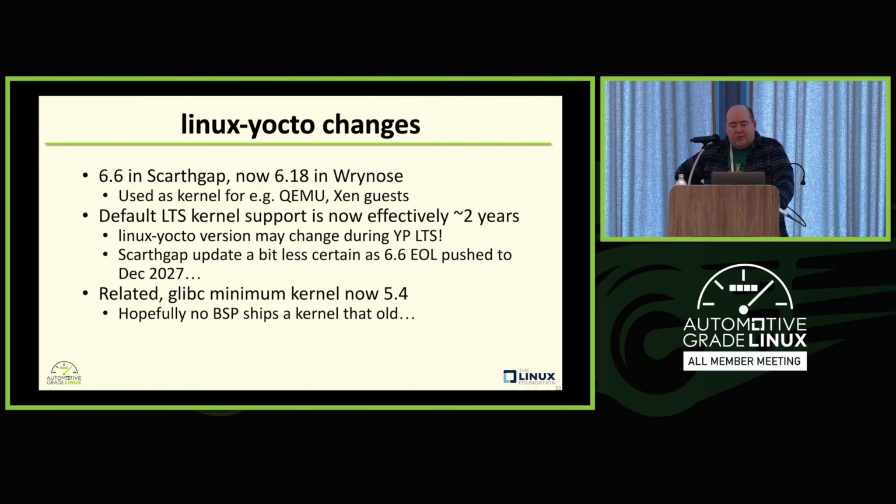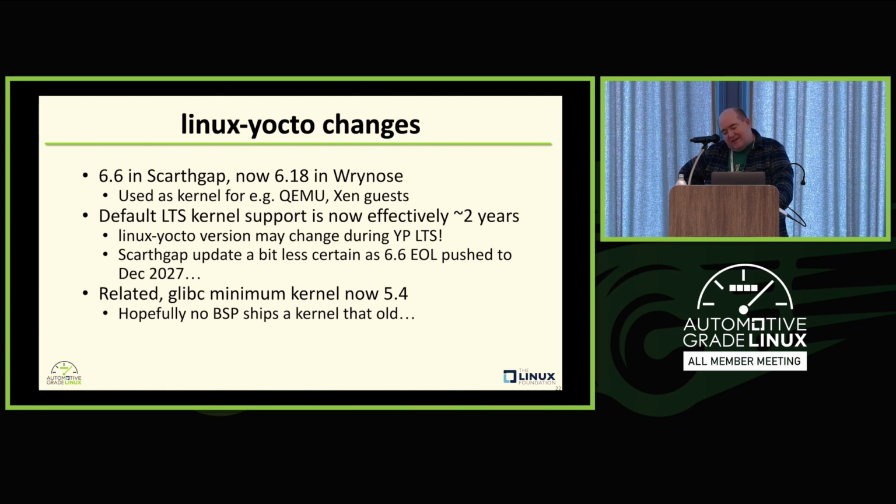And so now that the LTS kernel upstream, the default, when they do a release, they say it's 2 years. That's sort of become a little less set in stone. And so there is a chance that the linux-yocto version might change during the Wrynose lifespan.